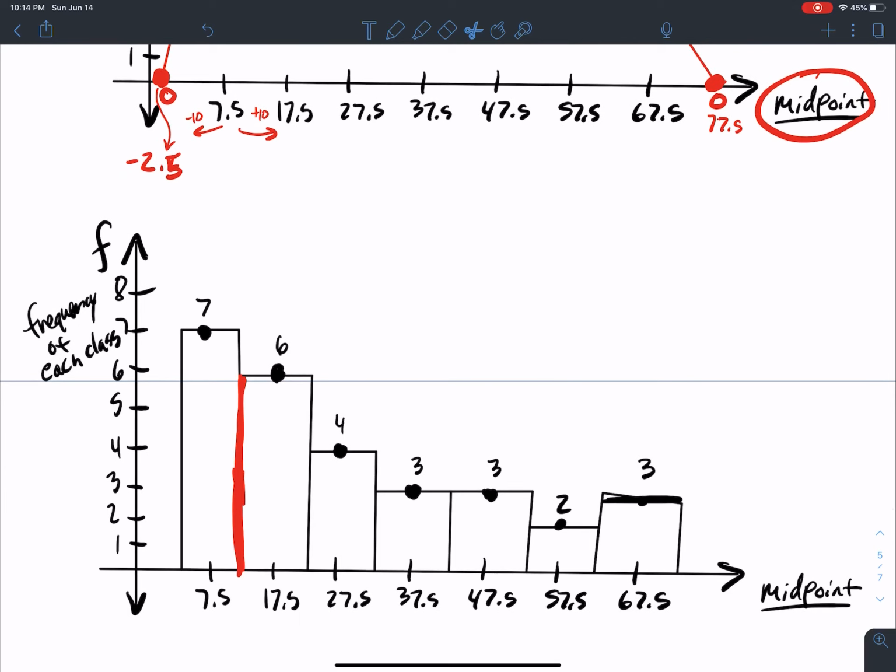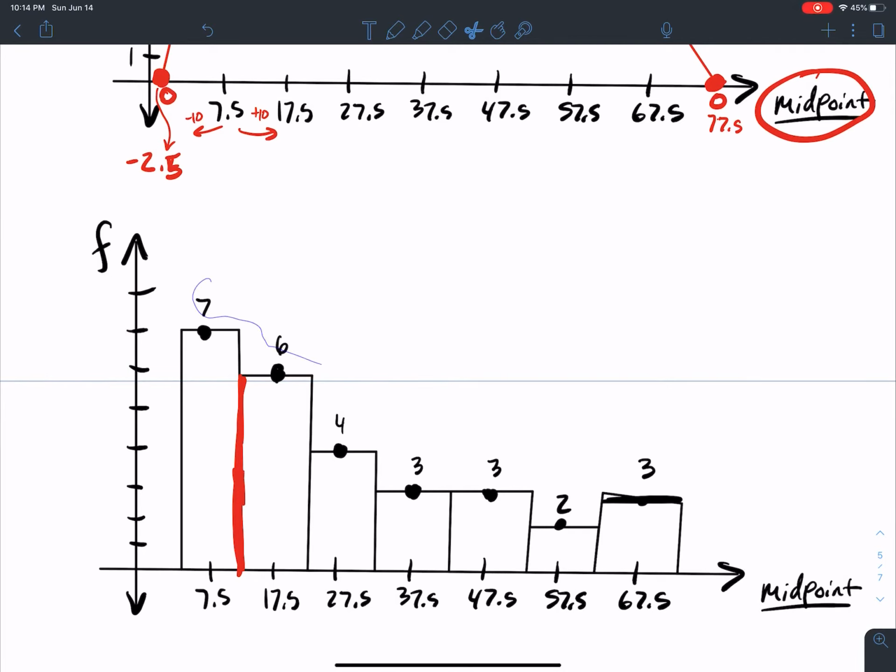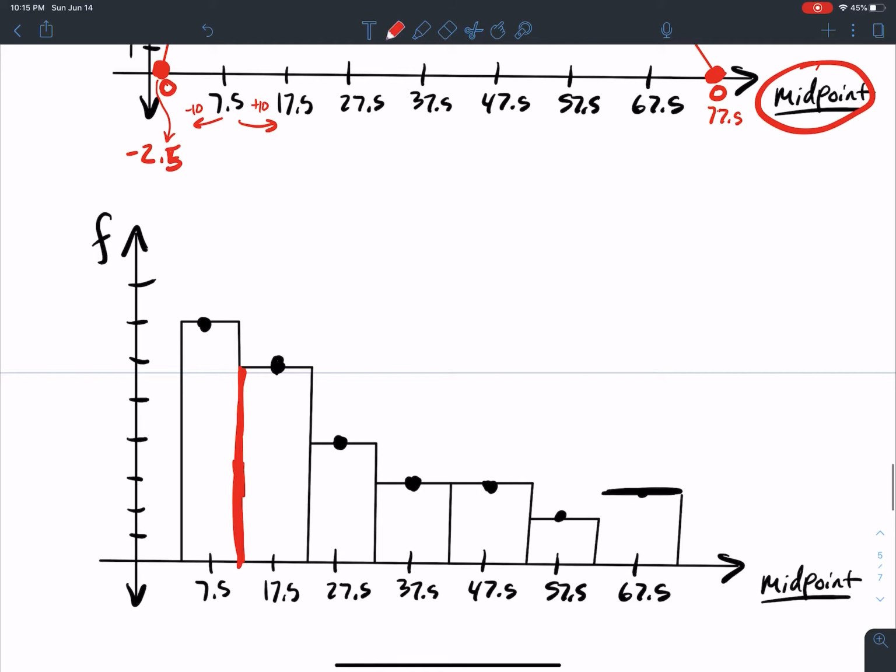So instead of that being the frequency there, this is now a relative frequency histogram.